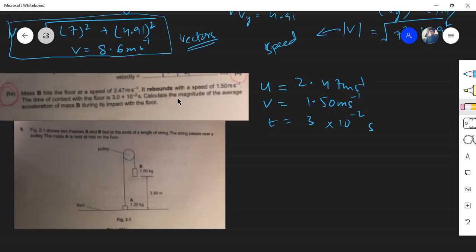So acceleration a is equal to V minus U divided by time, which is 1.5 minus 0 minus 2.47 divided by 3 times 10 to the negative 2.